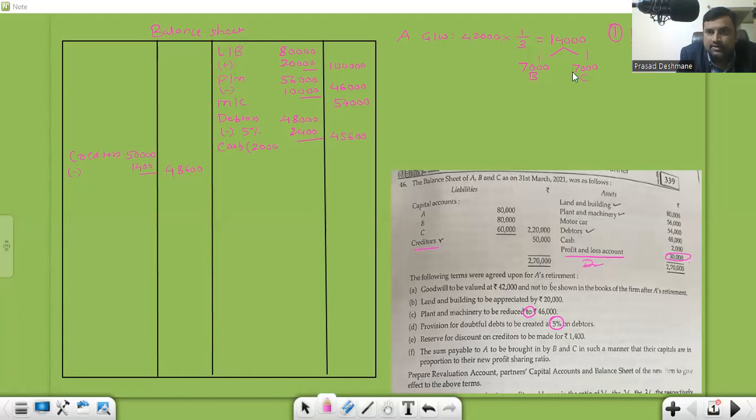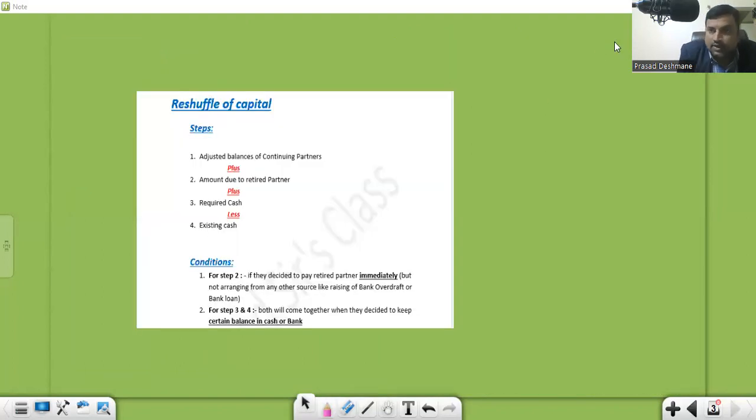I'll bring down those steps here. Reshuffle of capital means adjustment of capital. There are 4 steps: adjusted balance of continuing partners, plus amount due to retired partner, plus required cash, and less existing cash.